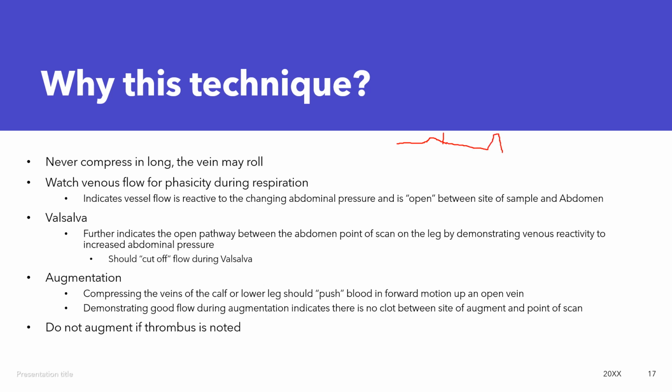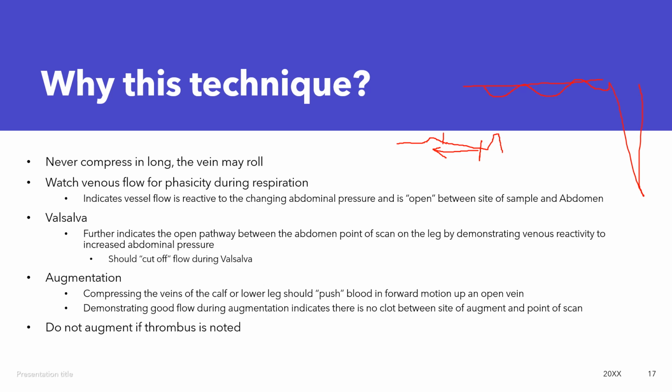When you're scanning here, getting normal color flow and looking at your spectral, it should appear phasic because it's just being affected by the patient's breathing. When you squeeze the ankle, it pushes blood upward, forcing it toward your transducer. If there's no clot there, you'll see a large whoosh of forward motion when you augment.